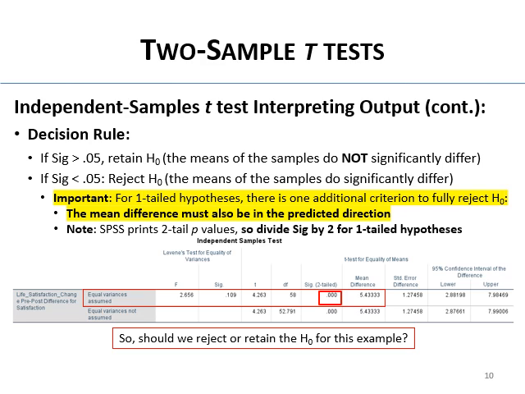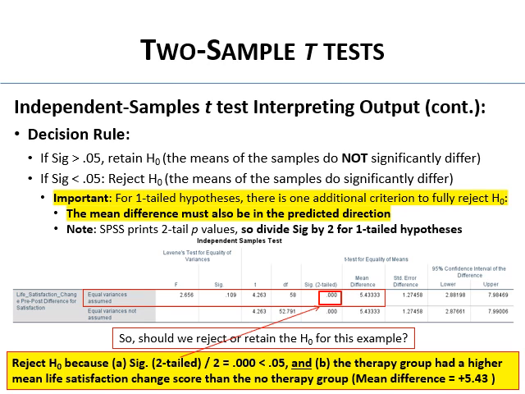It shows you the mean difference was 5.43333, just keeps going. So it's a 5.4 life satisfaction improvement difference between the groups. So who did better? Well, those who had the life satisfaction training did better. And so we are going to reject the null hypothesis.